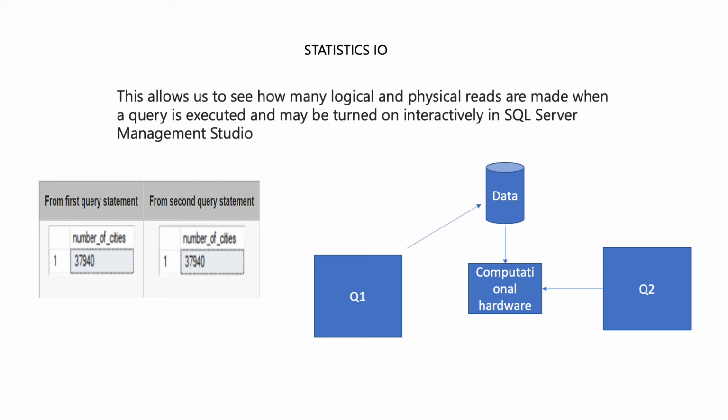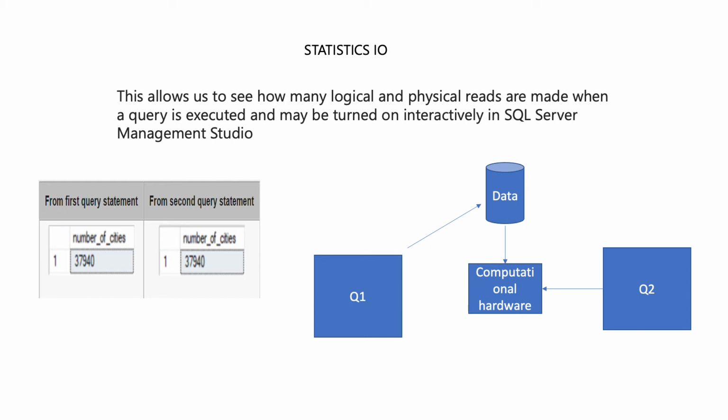Let's take an example of how this works in simple terms. Let us take Q1 as query 1, Q2 as query 2. Query 1 would result in the number of cities in the data, and the same number of cities results from query 2.